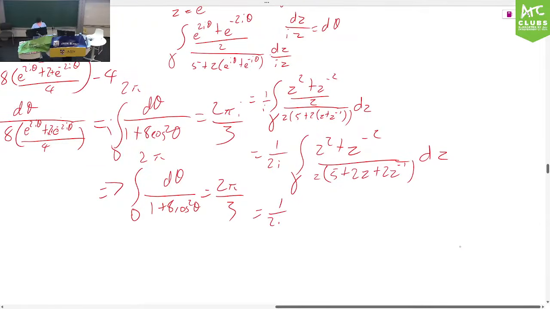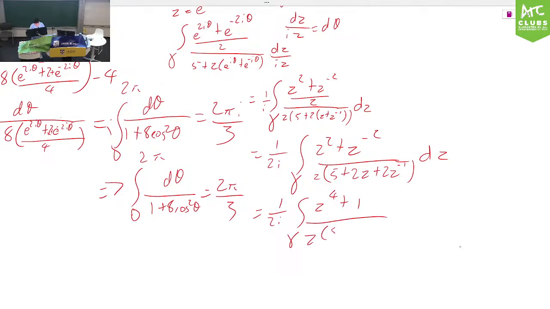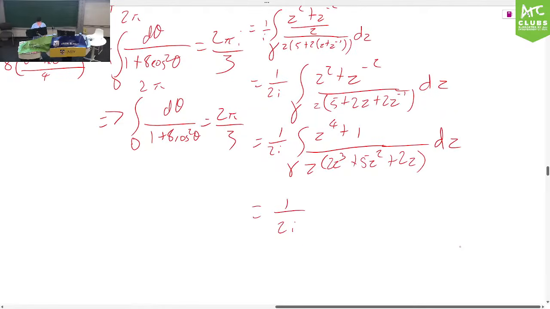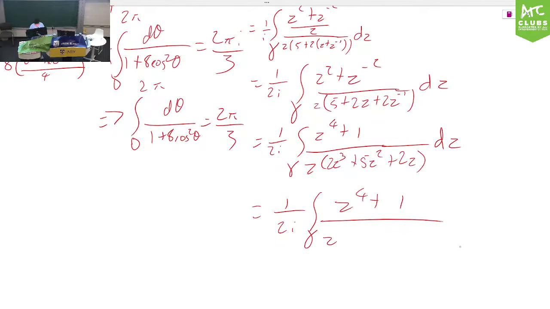So 1 over 2i over gamma of z to the 4 plus 1 over z 5 z squared, I believe. Okay, wait, I'm just going to put this here. So z cubed first, 5z squared plus 2z. Factorize the z squared out of there. 2z plus 5z plus 2.